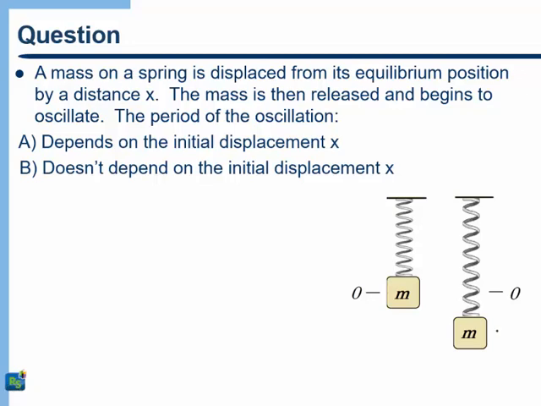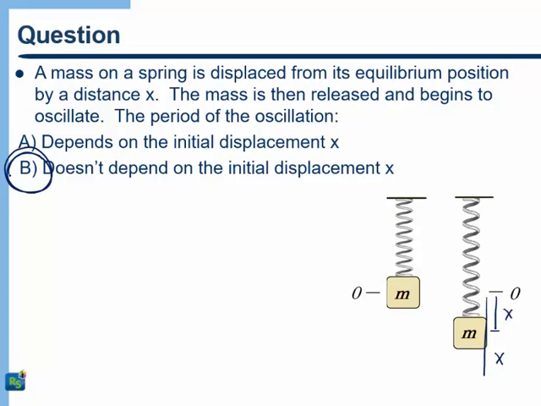So in other words, whether I pull that mass down a distance x like that, or whether I pull it down a bigger distance, do you think that affects how much time it's going to take for one complete cycle? Well, it turns out it doesn't depend on the initial displacement. And that's surprising to a lot of people, because you'd think naively that if it's got to cover more distance, it will take more time to do that.